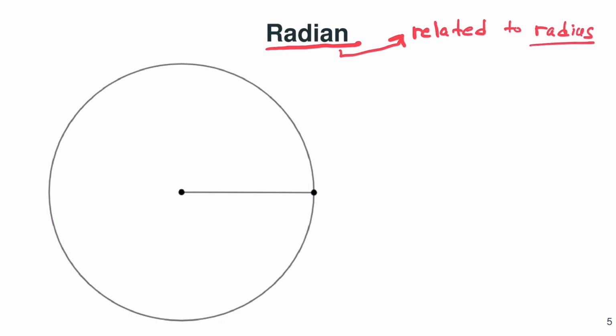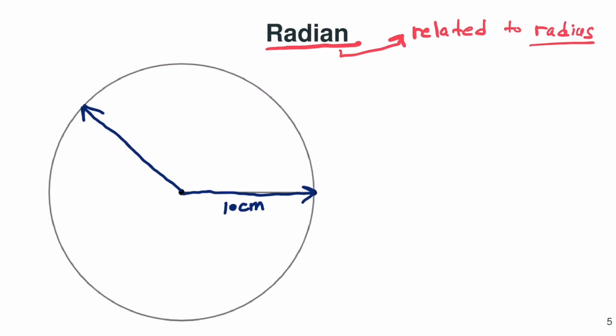It's relating to radius. So here I'm just going to give a basic idea before we look at the formal definition of radian. For example, let's say I have a circle with a radius of 10 centimeters. And let's say I have an angle, this angle right here. I'll start from here. Let's think this radius also has a ray, another ray right here.